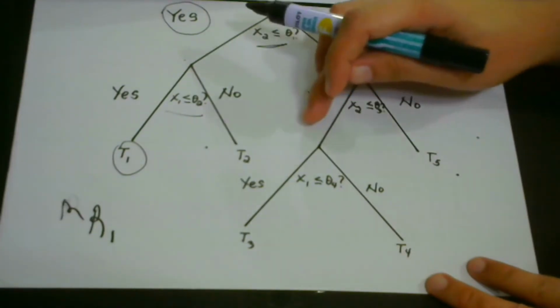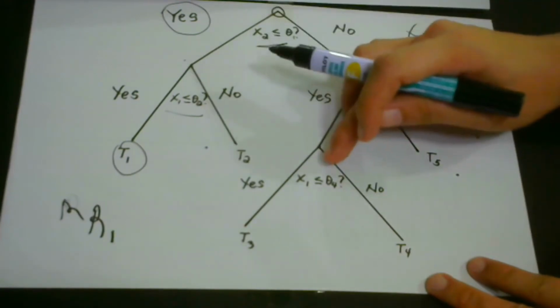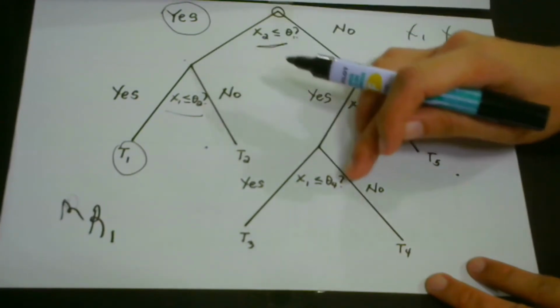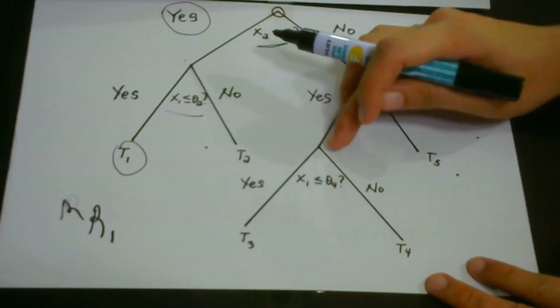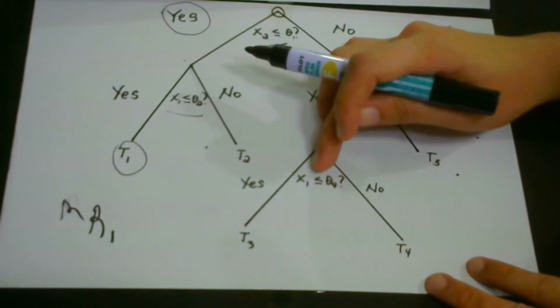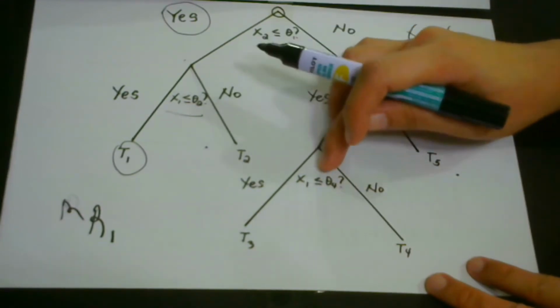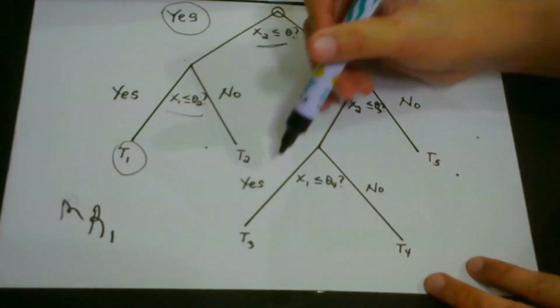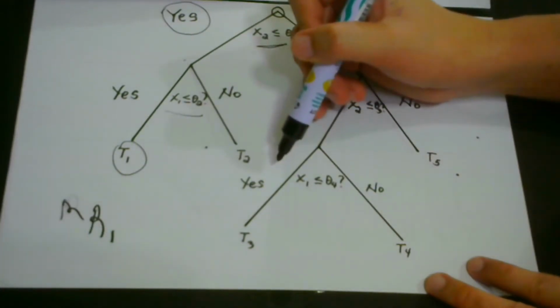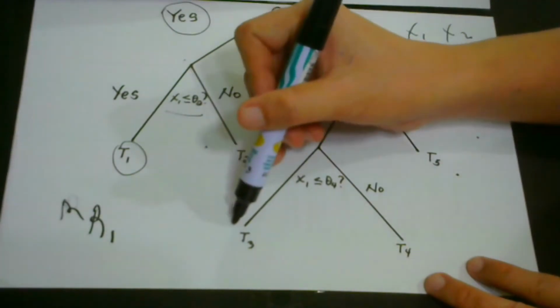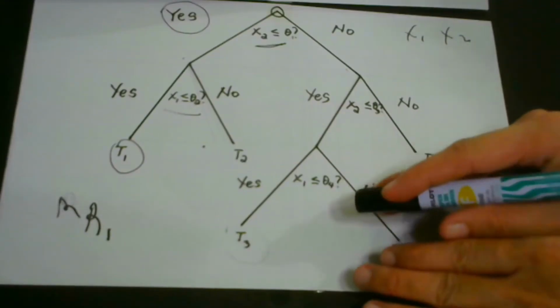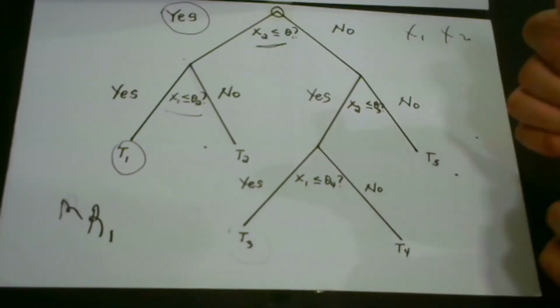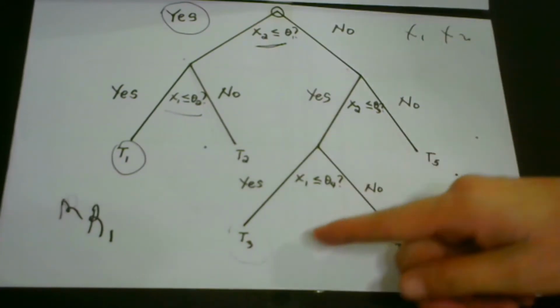And because it complies, then we have to go down and we have to answer the question, does it comply with x1, which is equal to or less than theta 4? If our answer is yes, then it becomes a part of our node T3. So what is then the region that can be found in T3?